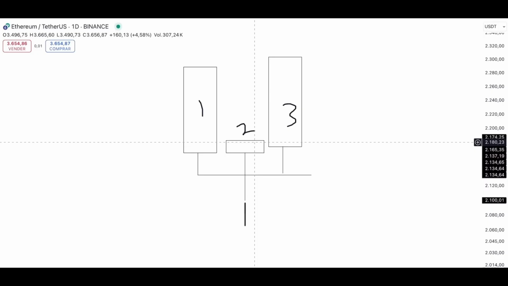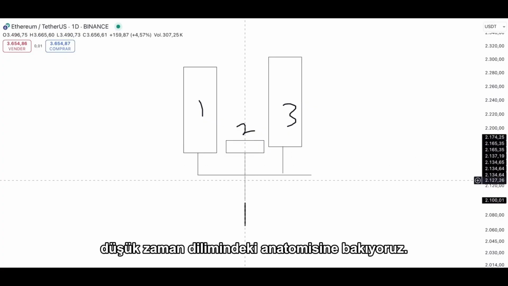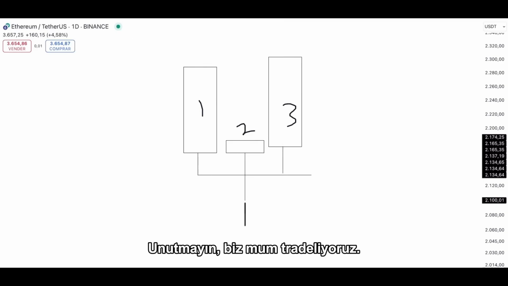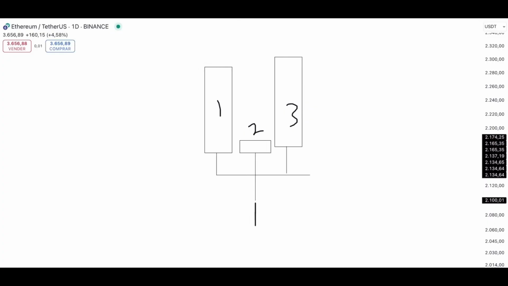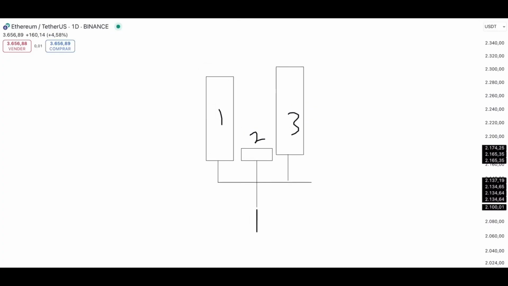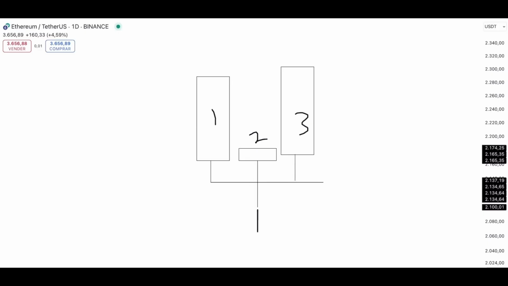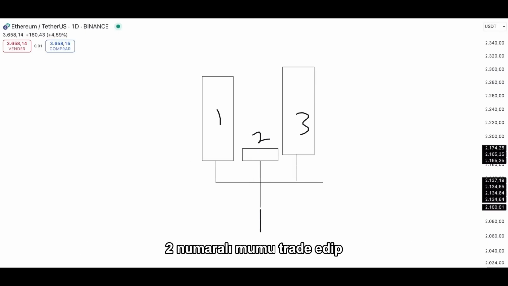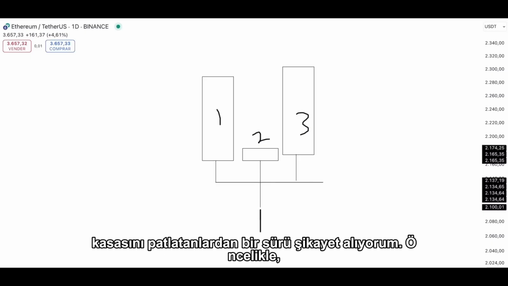Anyway, we're looking at the lower time frame anatomy of candle 2 and candle 3. We are candle traders, remember, right? And before we go into the lower time frame, I've been receiving many complaints of people trading candle 2 and blowing their accounts.